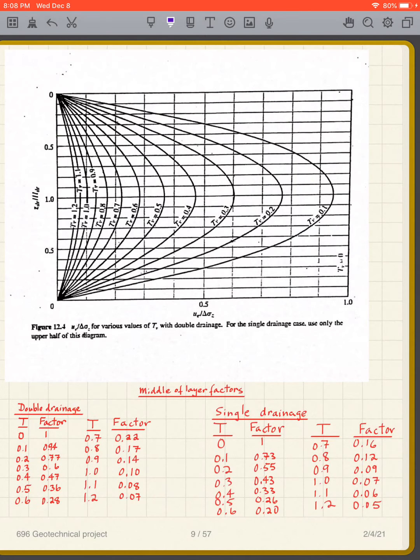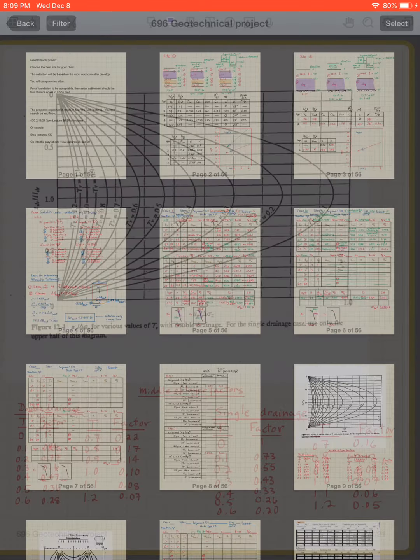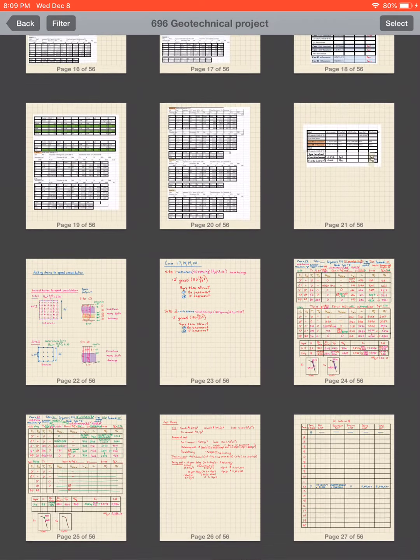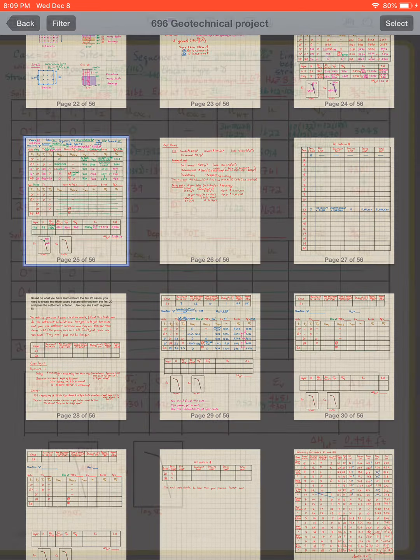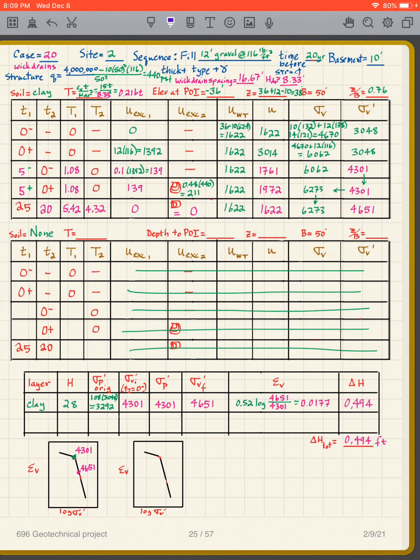You can see it because there's our T is 1.2. So our bigger T's are going to be way in here like that, because 1.2 is the biggest T we have on this chart. So this is giving us all pretty much zeros for our excess pore pressure.